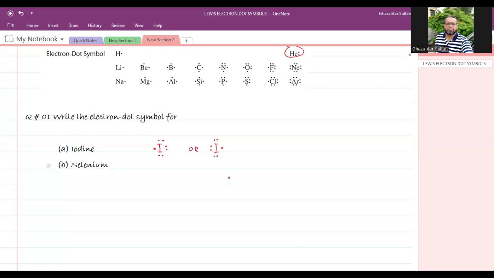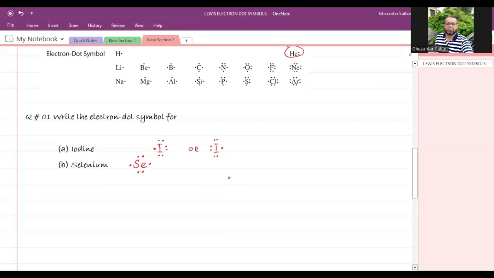The symbol of selenium is Se. It belongs to period 4 of the periodic table, as you can see from the periodic table. So you can draw it like this: a pair of electrons on top, a pair of electrons on bottom, and 2 pairs of electrons on either side.